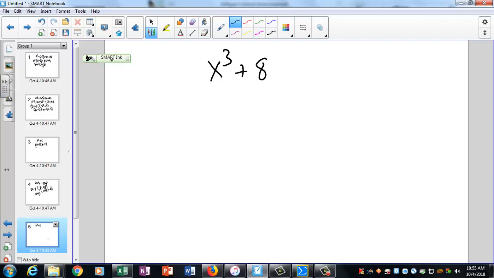It is because some number times itself gives you x cubed, and then a different number will give you 8. And the two things we're dealing with are, for the first one, for the x cubed, that is x. X times x times x gives me x cubed.